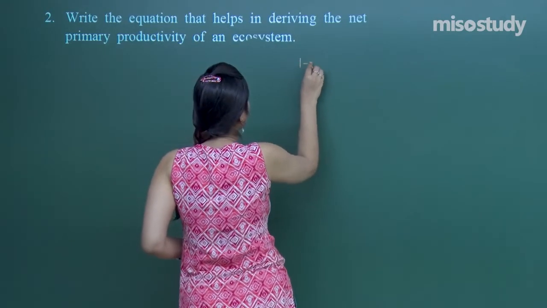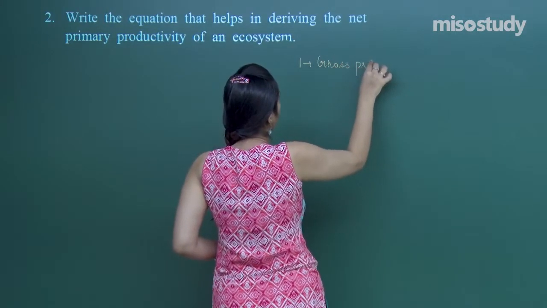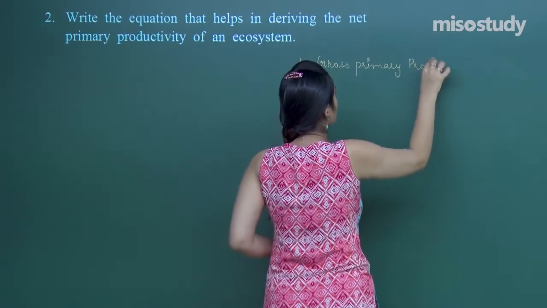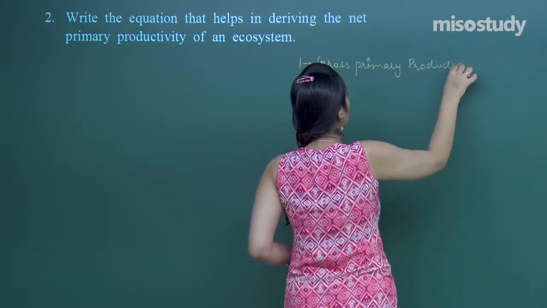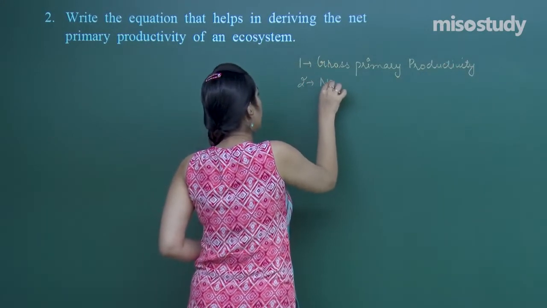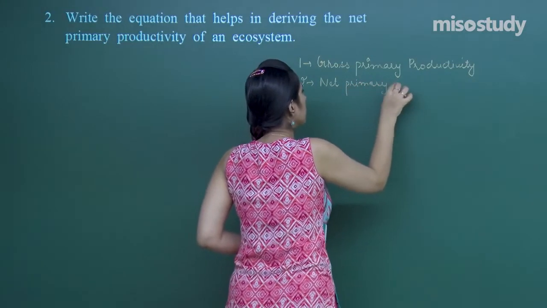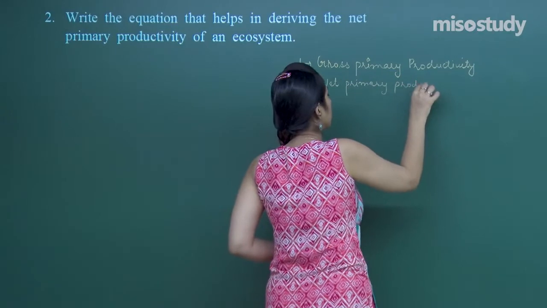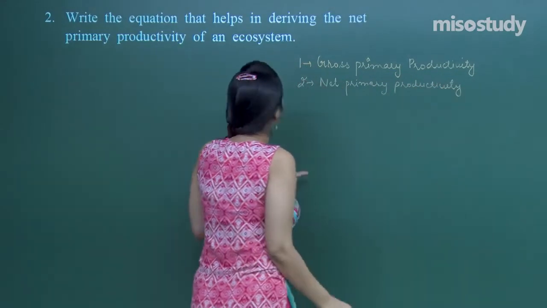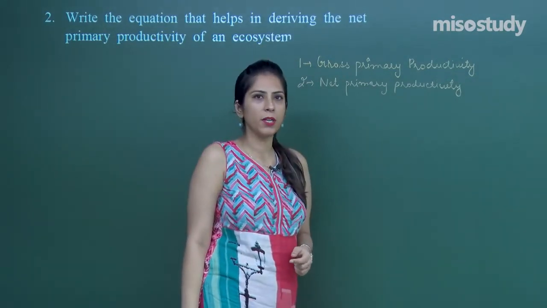So, first we have gross primary productivity, and the second one is called net primary productivity. The question is saying that we have to derive a relationship between gross primary productivity and net primary productivity.